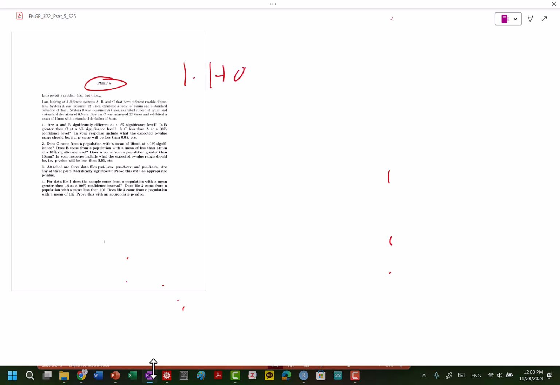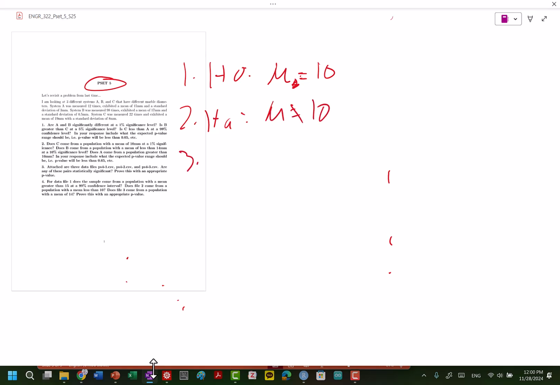Okay, so now we're doing something a little bit different. Although these questions are very similar, I love this functionality. So our null is mu of C equals mu naught, which is 10 millimeters. Our alternative is it's not, because it's a two-tailed test.